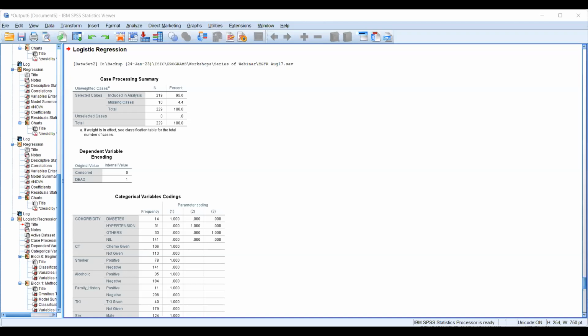Now Lalit is asking how to take the reference category. The reference category means you are taking this as a reference and interpreting for the other categories. So if I am taking male as a reference, I will be able to interpret about the females.